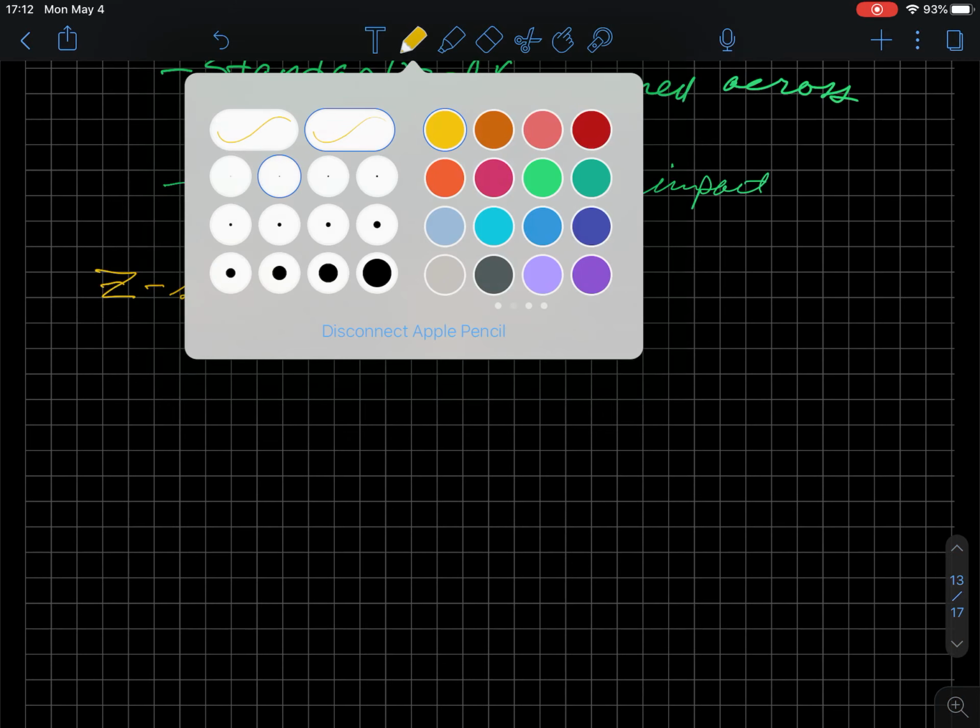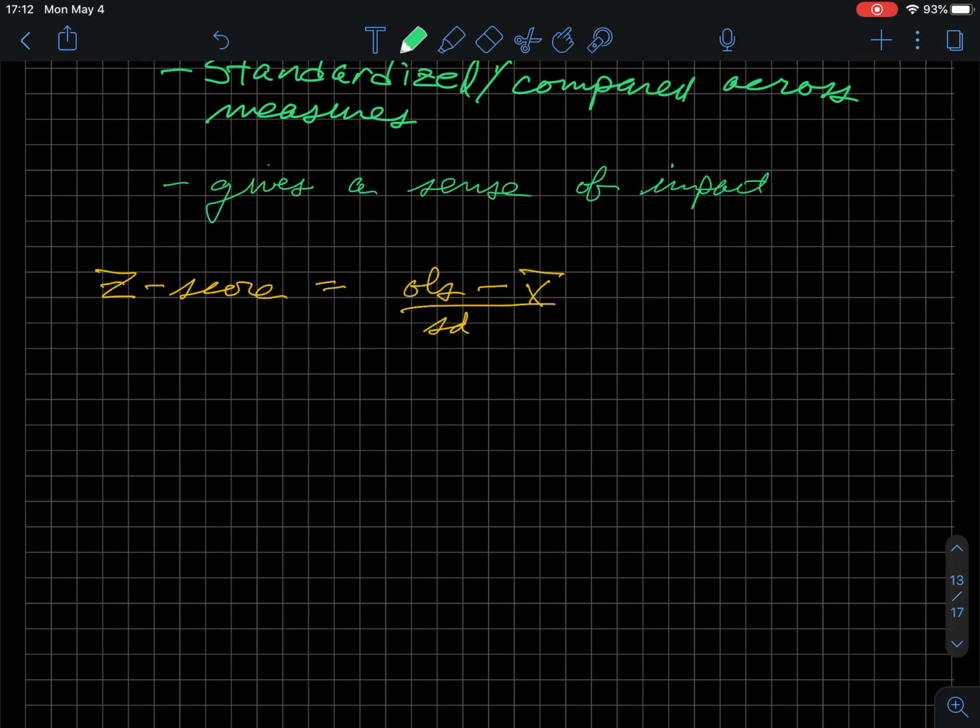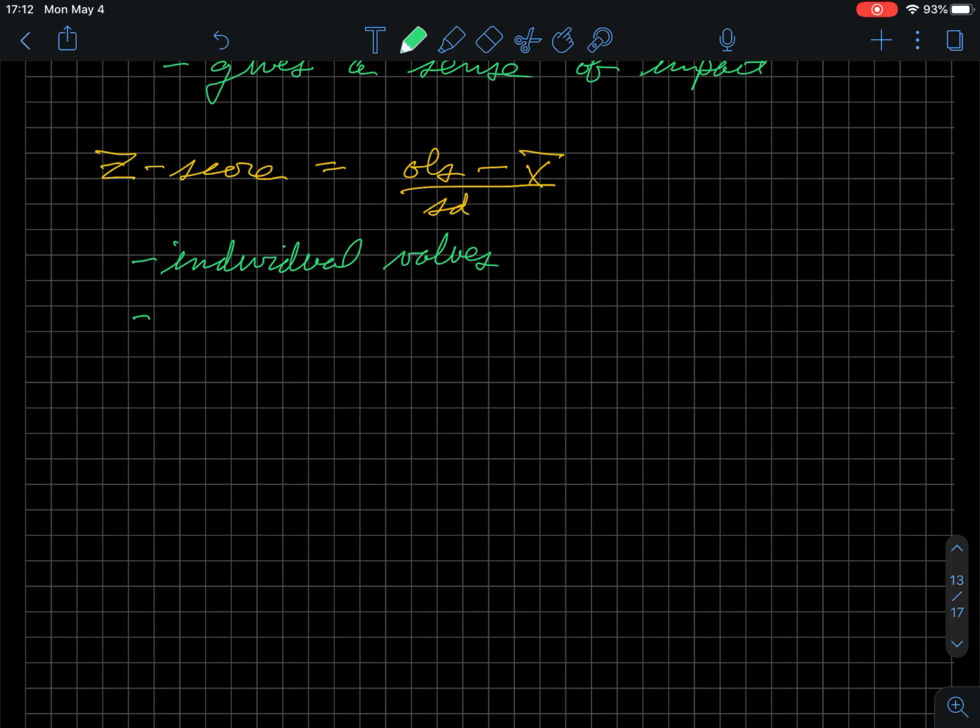So we use this for individual values, and we can find out how extreme one value is.